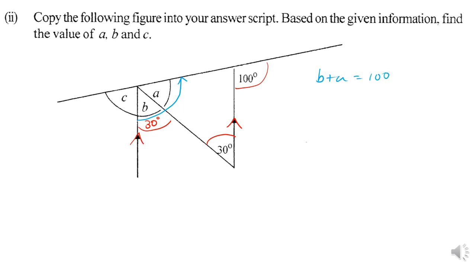Therefore b plus a is equal to 100. So we have found b is equal to 30. 30 plus a is 100, and we send this to this side, and then it becomes minus 30. Then a is equal to 100 minus 30, which is 70 degrees. Also, if this is 100, this is obviously 80.